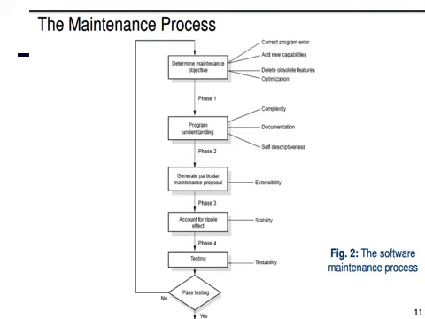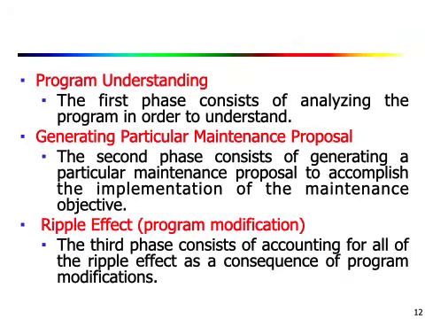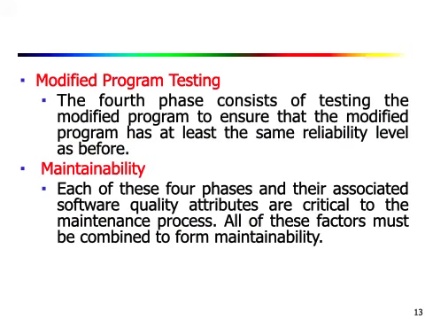And in the fourth phase, that is the last phase, you are going to test the modified program. The software testing of the modified program is done, and during this phase, you are testing the modified program to ensure that it has at least the same reliability level as before.